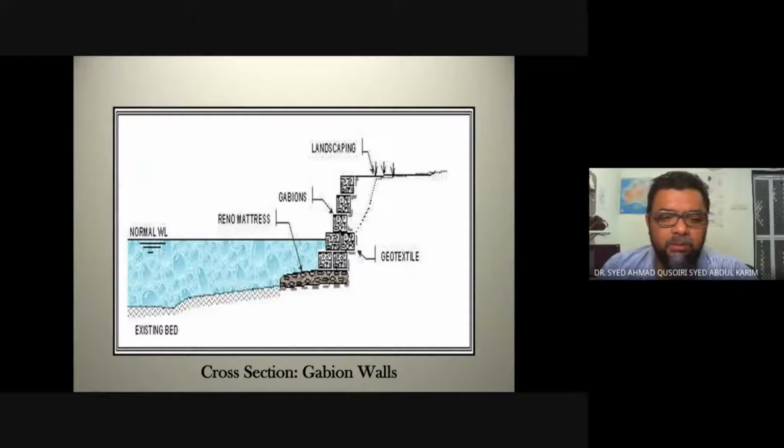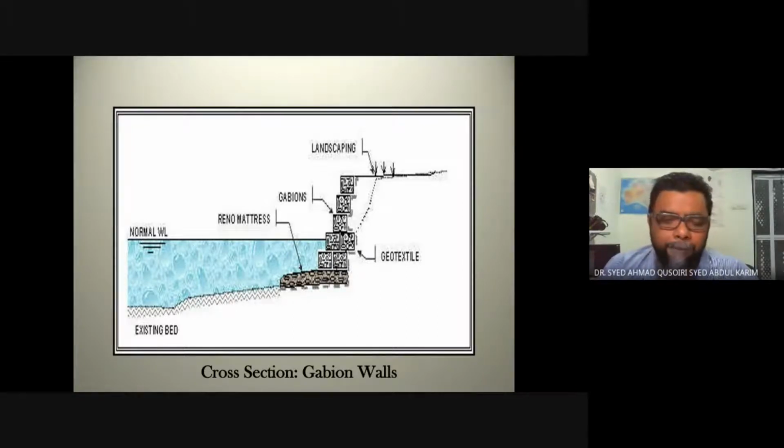And also, the gabion wall can be used underwater. You can see here, okay, this is the normal water level. So we put the gabion down here, and it's not a big issue. It will still retain the wall under the water level.